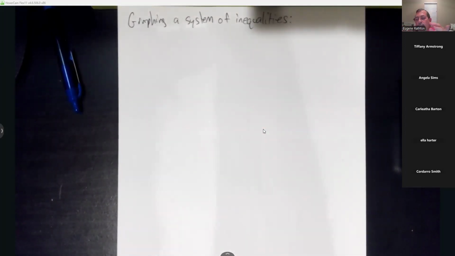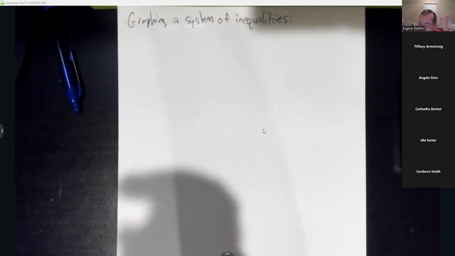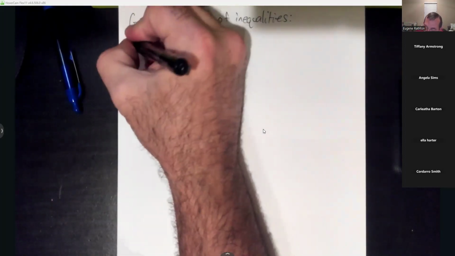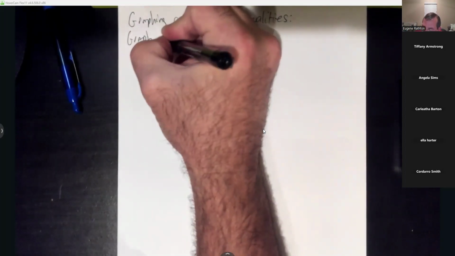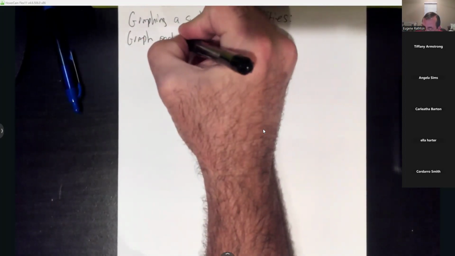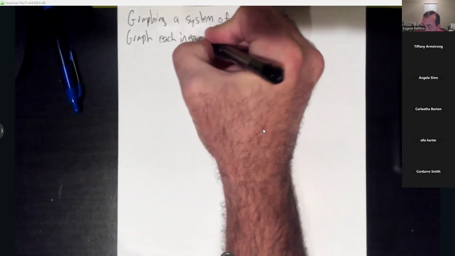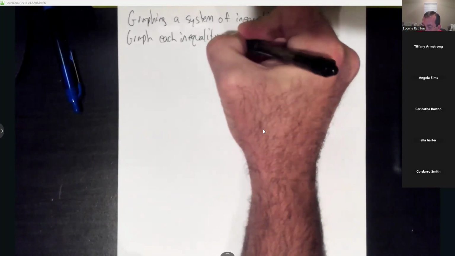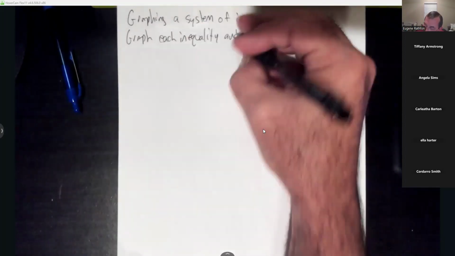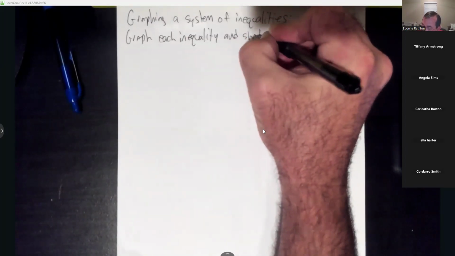For a system of inequalities, they're going to give me two equations, okay? So you're going to graph each equation, or how about graph each inequality, and shade accordingly.